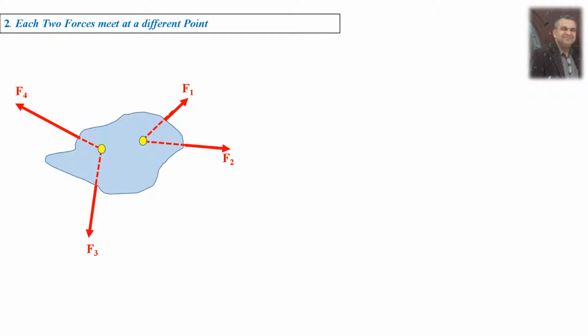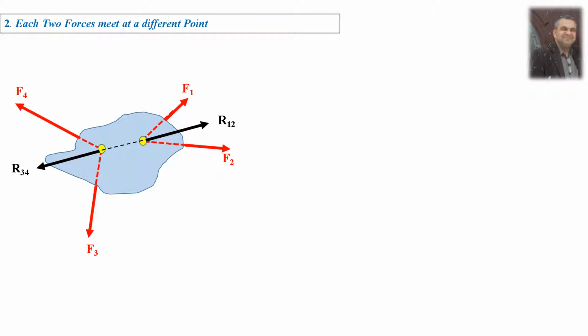Each pair is meeting at a different point. If I work out the resultant of these 2 forces, and name it R12, and we assume the whole system is in equilibrium, then I must conclude that they are on the same line. Otherwise, definitely this is not compatible.